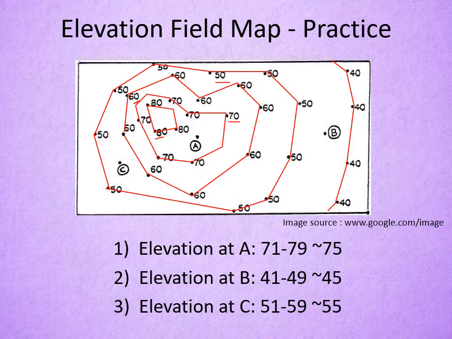This point indicates a value of 50 feet or 50 meters, and this point indicates 60 feet or 60 meters. If we join these with a line, the C point lies over this line from 50 to 60.